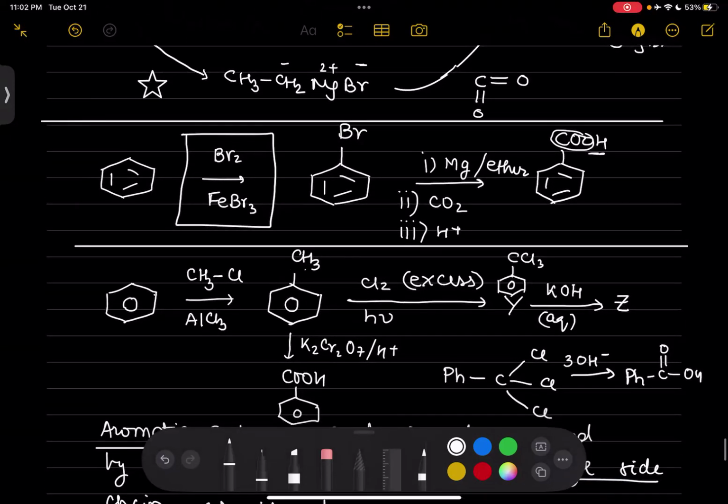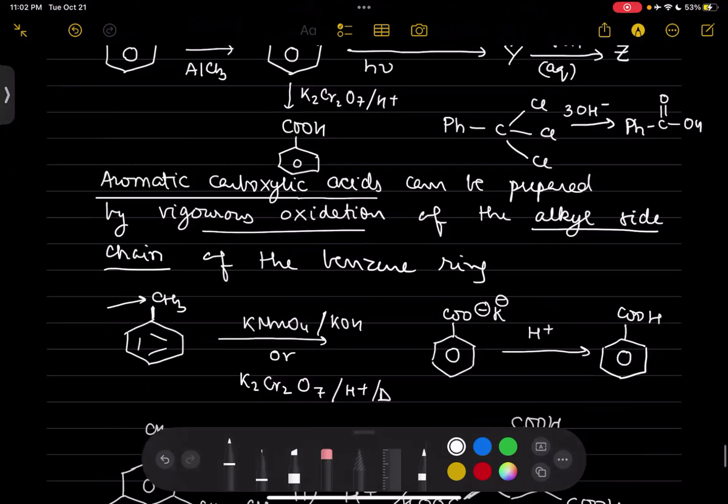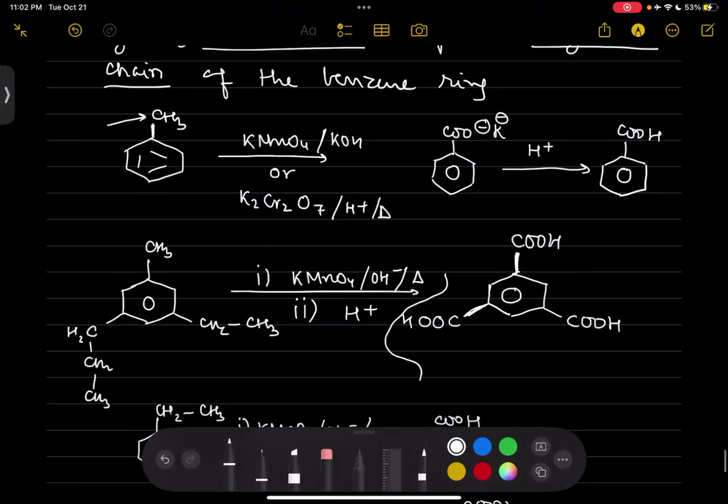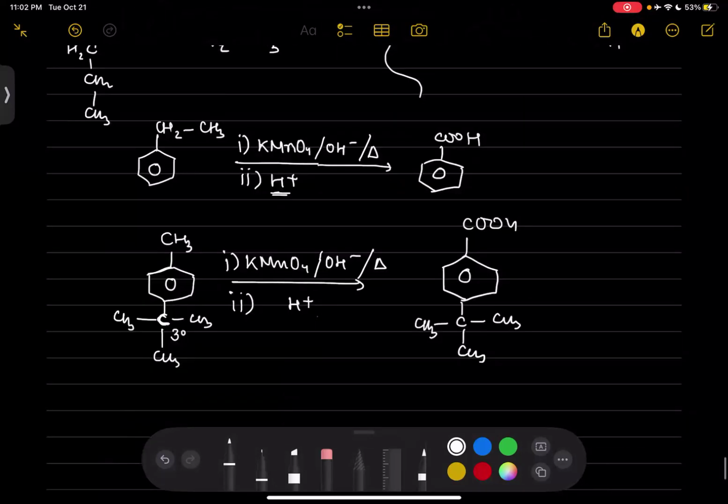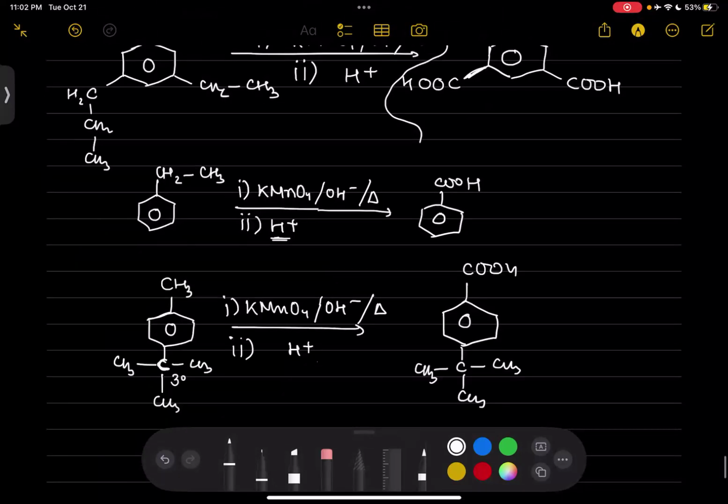By oxidation of alkyl side chain or by hydrolysis of trichlorides, you will get carboxylic acids. That's what we discussed today. So I hope this is clear. Okay, and we will be taking some more questions which involve all the chapters, so that we can recover and revise all the concepts in carboxylic acids.